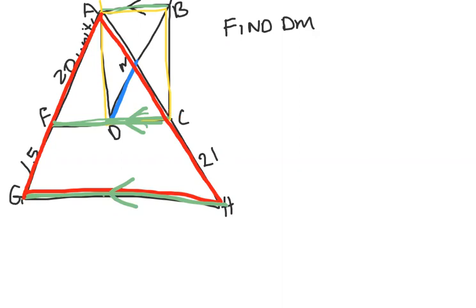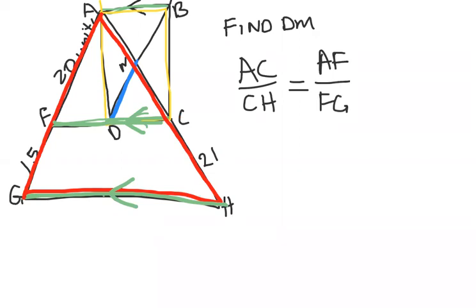I'm going to write AC divided by CH is equal to AF divided by FG.